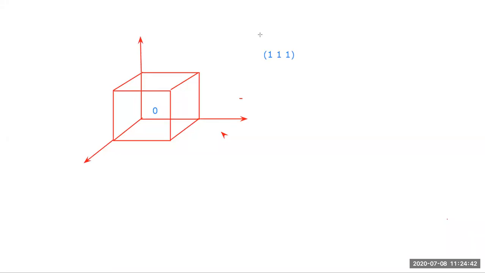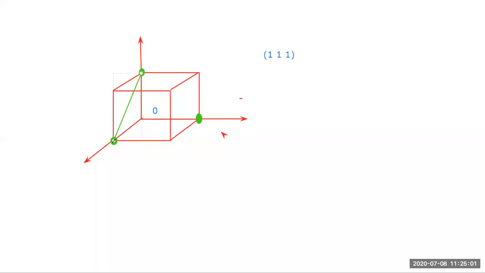Then indicate the points 1, 1, 1. The x direction is 1, y is also 1, and z is also 1. Join these 3 points with a line.